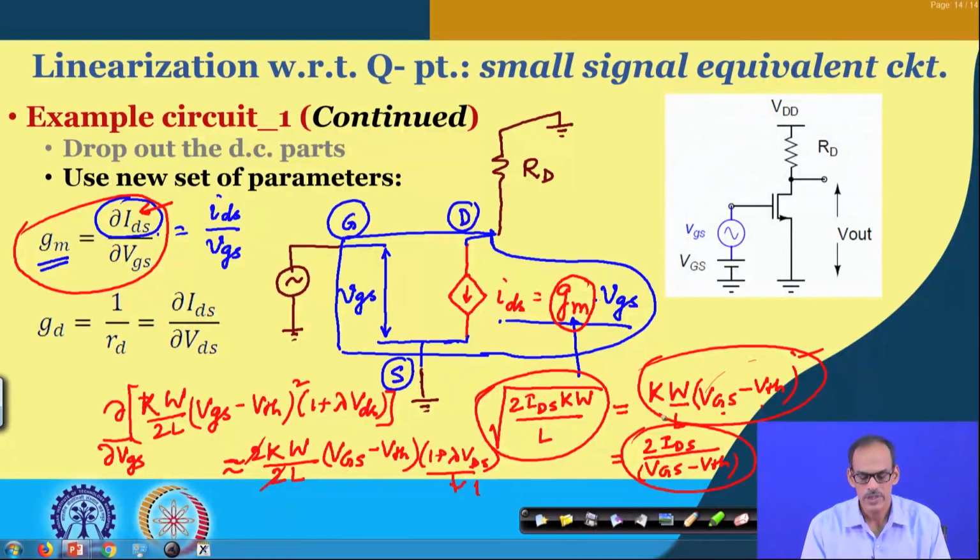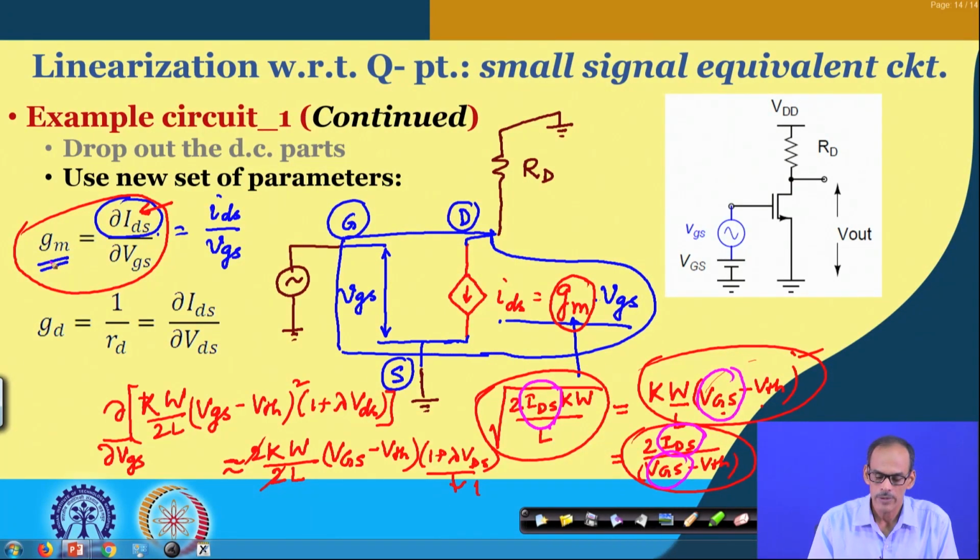So, what we would like to say is that for this new parameter GM, the important thing is that whatever the forms are, each of them indicates that the value of GM is directly a function of the operating point, either IDS, or capital VGS, or capital IDS and VGS. So, its value may vary if you change the operating point.